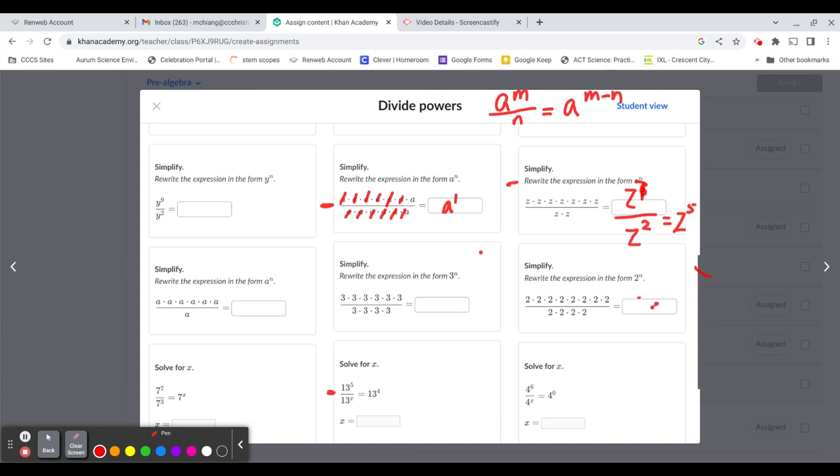And if you have this type of question, it's the reverse again. 13 to the power 5 divided by 13 to the power x means you subtract the powers to equal 13 to the power 4. 5 minus what is 4? 5 minus 1 is 4, so x is 1.